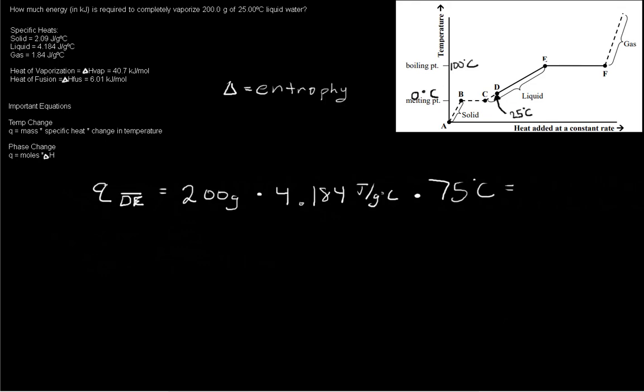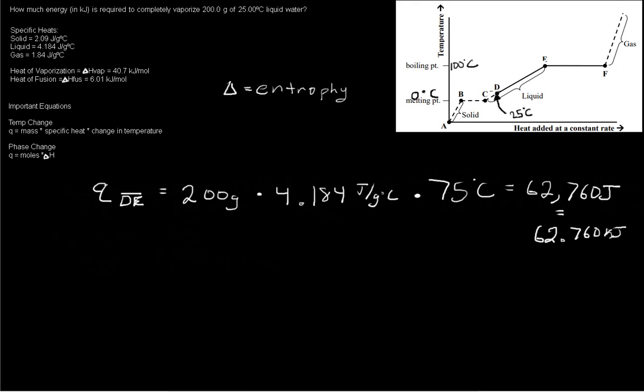So 200 times 4.184 times 75, you're going to get 62,760 joules. And then we're going to convert that to kilojoules. So 62.760 kilojoules from point D to point E. So that was the temperature change.